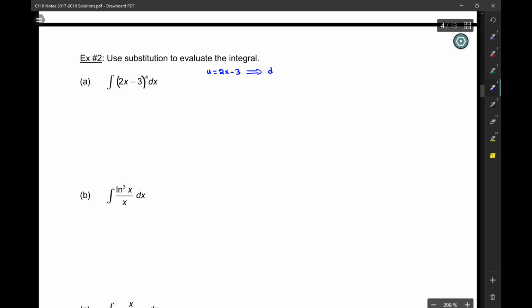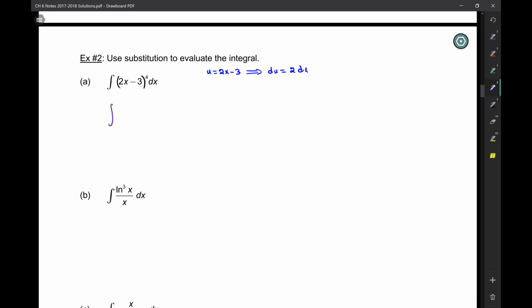So du equals 2dx. Now, here I have 2x minus 3, so that's going to be u to the 4. But what am I going to have left over? A dx.